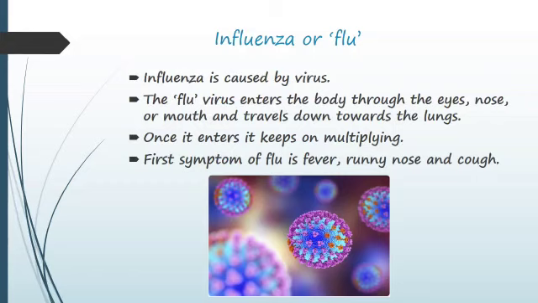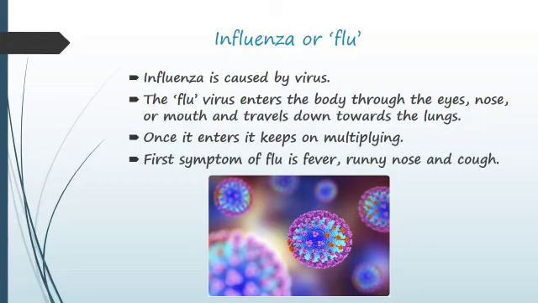Now here comes influenza or flu. Influenza is caused by a virus, although it is a different virus from the one that causes colds, even though some of the symptoms are similar. The flu virus enters the body through the eyes, nose, or mouth and travels down towards the lungs.